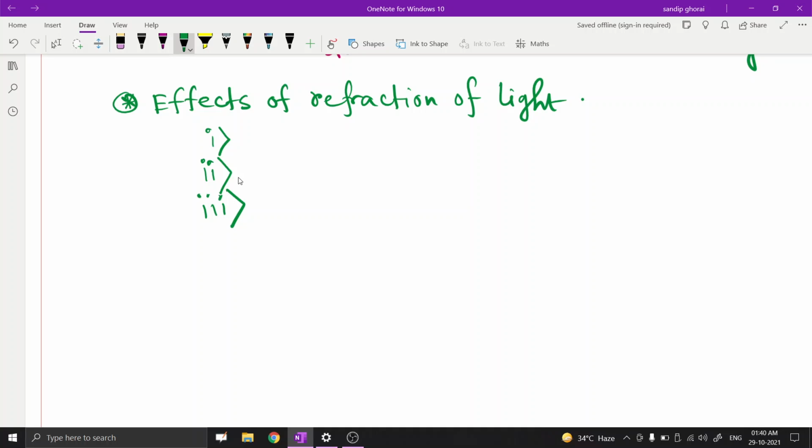So we can say, at first, stars appear to twinkle.